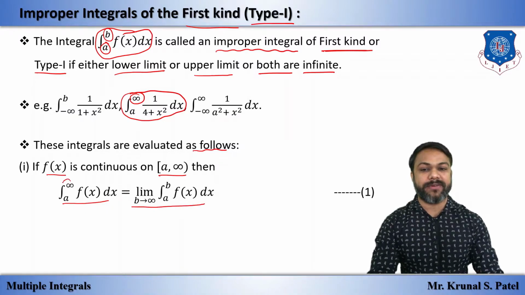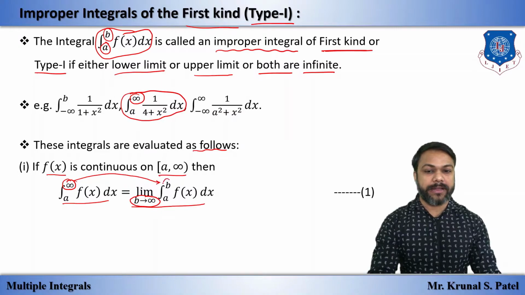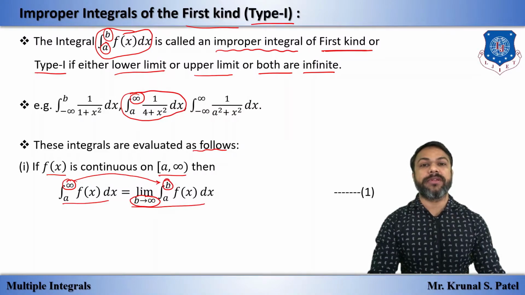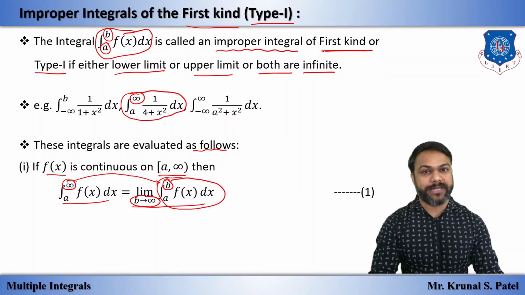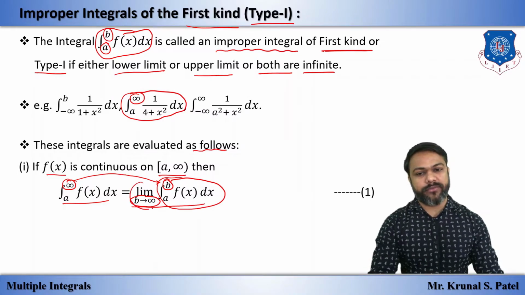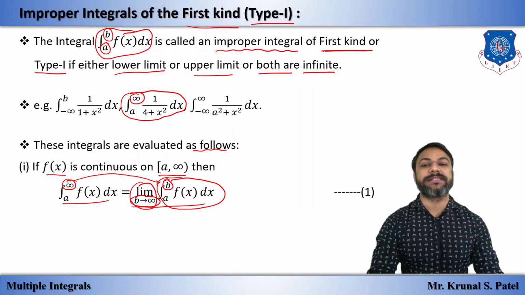Wherever this infinity is given, we will take the limit b tends to infinity and we will write b instead of infinity. Then we will integrate first, put upper limit minus lower limit, and at the end, after getting the answer of this integration, we will put the value of the limit. So this is the process.